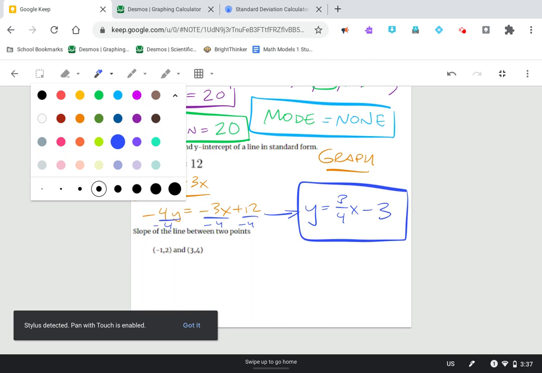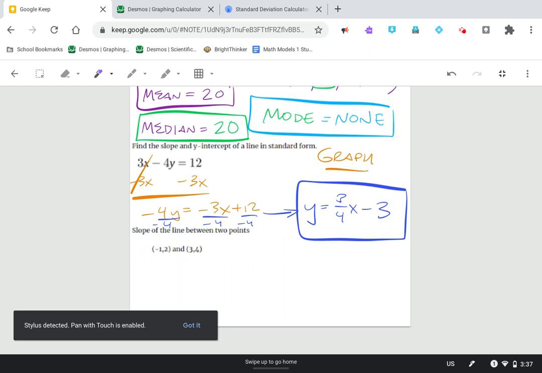Now, when I get that, I remember that in the y equals mx plus b equation, the number here is the slope, and the number here, including the negative, is the y-intercept. So in this case, my slope equals 3/4, and my y-intercept equals -3. So that would be the final answer there.